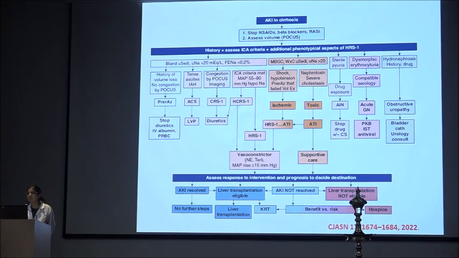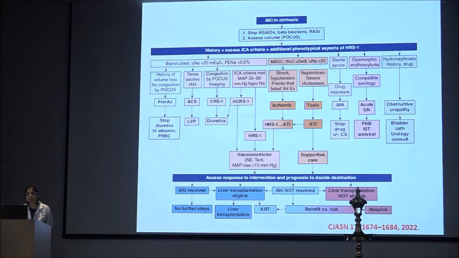On urinary microscopy, if there are muddy brown casts along with urinary sodium of more than 20, we should suspect nephrotoxins causing toxic ATN. If there is a bland urinary sediment, urinary sodium of less than 20, and fractional excretion of sodium less than 0.2, and there is a history of volume loss and no congestion on POCUS, then we should think it's pre-renal azotemia, stop diuretics, and give IV albumin and PRBC transfusion.